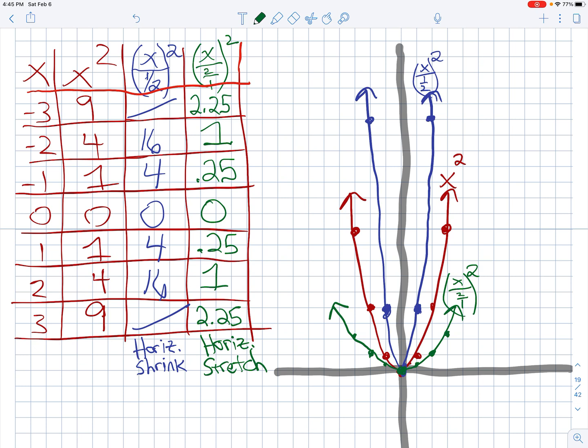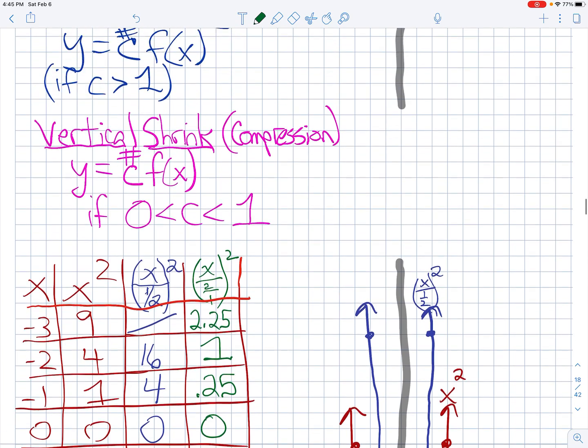Now you might be thinking, is that the same as a vertical shrink? For this scenario, yeah. We'll get into that as we move along in this unit: are horizontal shrinks equivalent to vertical stretches, and horizontal stretches equivalent to vertical shrinks?